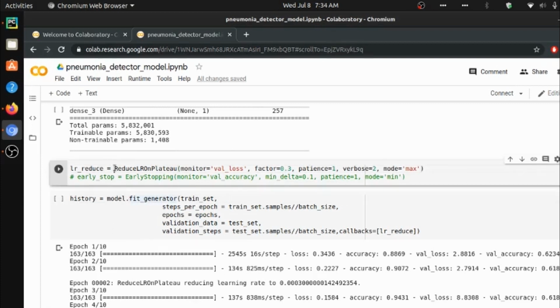That's why we use LR underscore reduce, so that in case of any plateau, I guess we are applying it on validation underscore loss. When the validation underscore loss is not decreasing, or it is increasing, we perform LR reduce, that is the learning rate reduces.